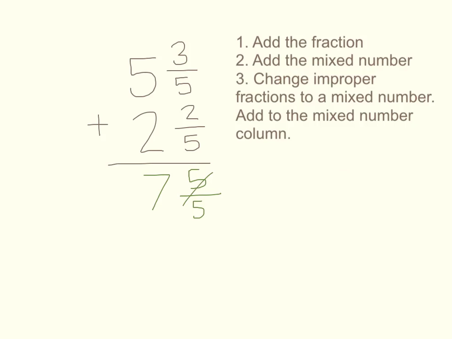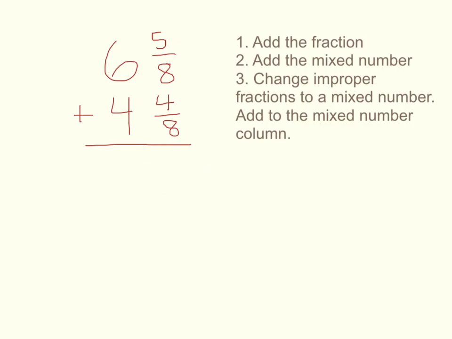So I'm going to be canceling out my fraction of 5/5 and adding that whole number of 1 to the column of whole numbers. So after I do that, I just have to add 7 plus 1. 7 plus 1 is 8. So the answer to my entire problem is just going to be the whole number of 8.